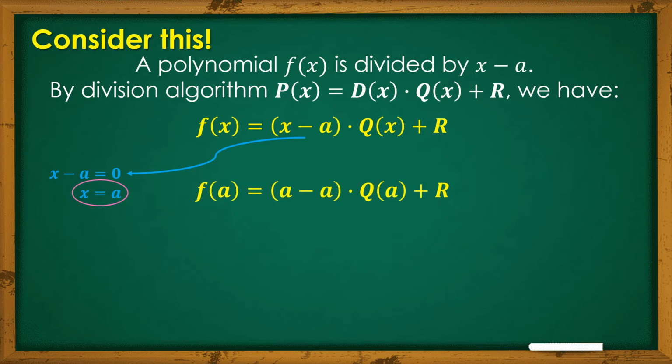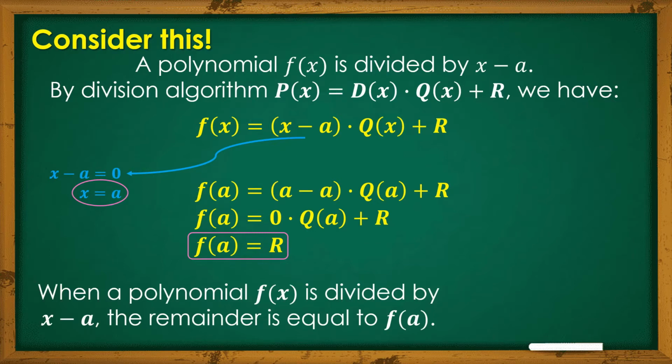Now, if we are going to use the value of x as a, and through substitution, ito yung mangyayari. F of a is equal to a minus a times q of a plus r. At kung ipagpapatuloy natin ang solution, magiging 0 yung a minus a. At kapag minultiply natin ang 0 sa q of a, matitira na lang ay r, or yung remainder.